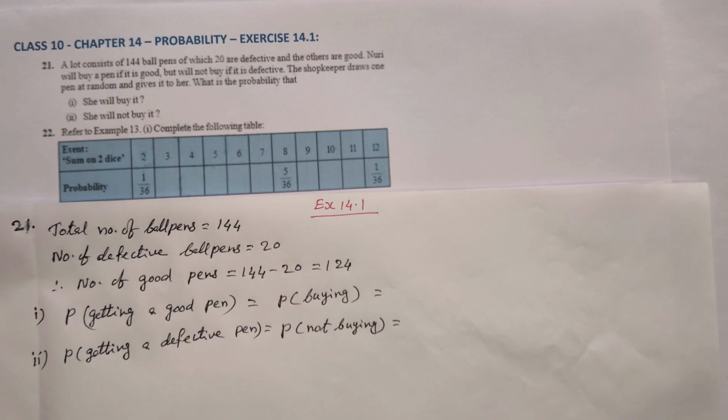Question number 21. A lot consists of 144 ball pens, of which 20 are defective and the others are good. So total number of ball pens 144, defective ones 20, therefore good ones 144 minus 20, that is 124.